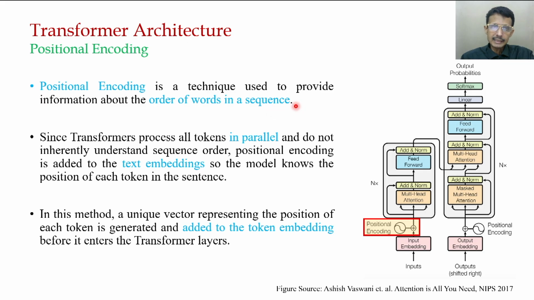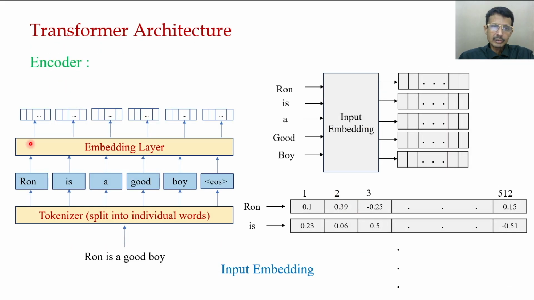Here you can see "Ron is a good boy", and when we do this word by word, the embedding doesn't contain the sequential position or positional information of the words or tokens within a sentence.